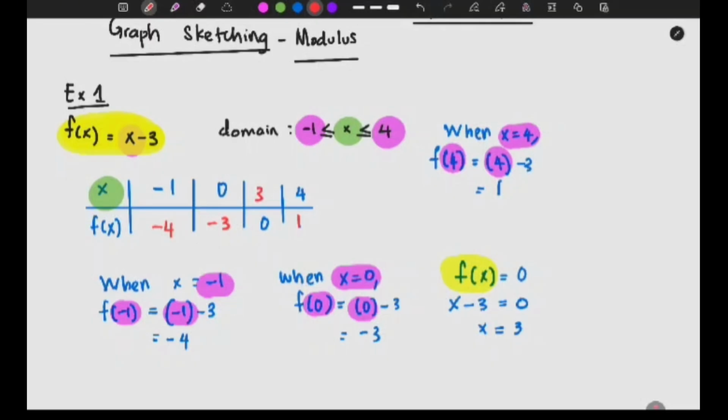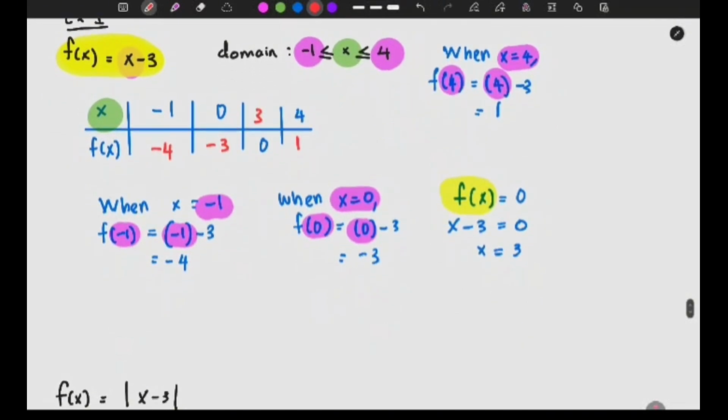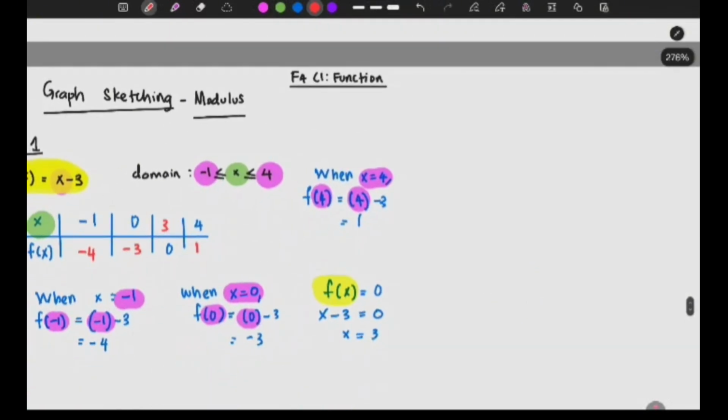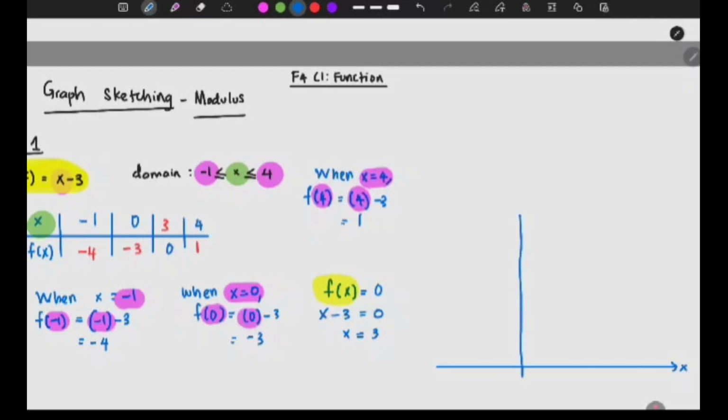And I hope you know how to sketch a graph. So to sketch a graph, you need to have two axes. One is x, another one is f(x), the x-axis and y-axis.